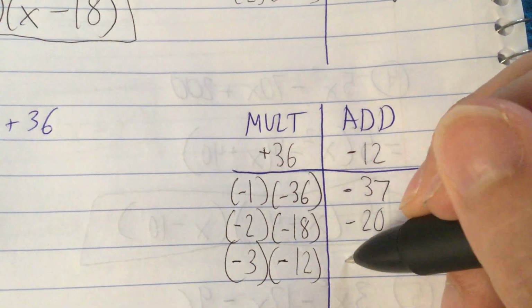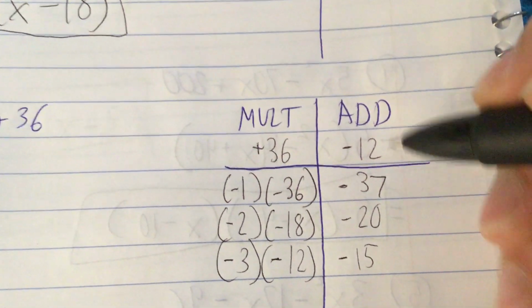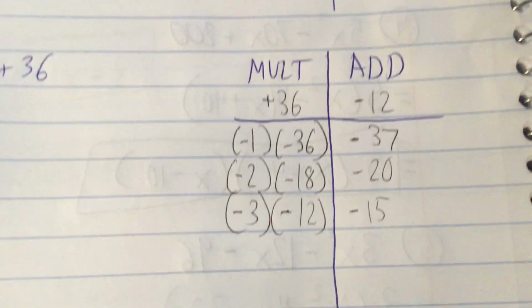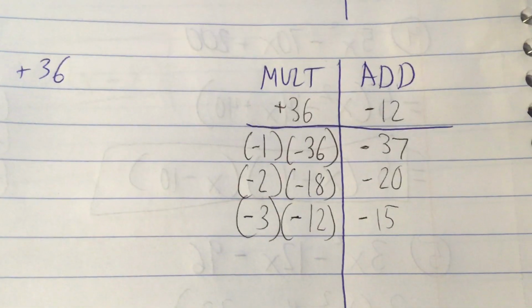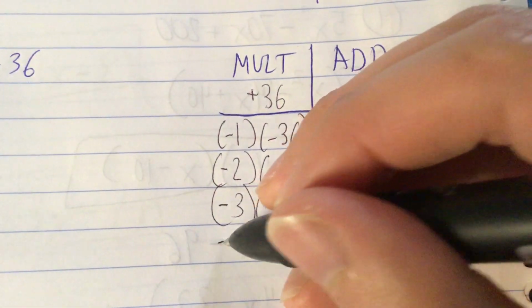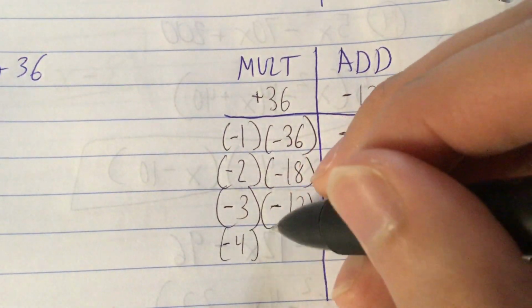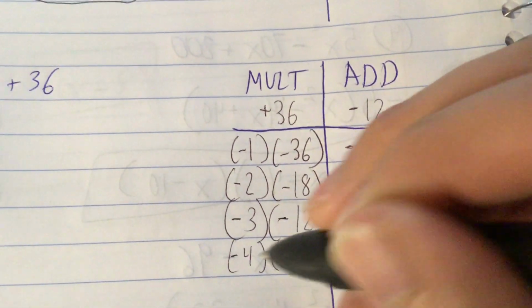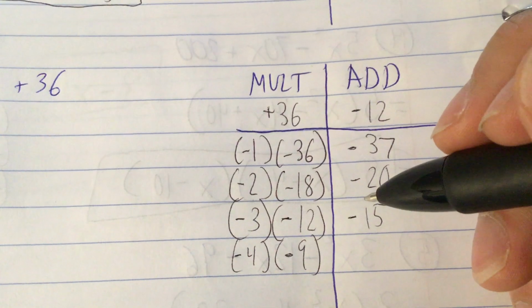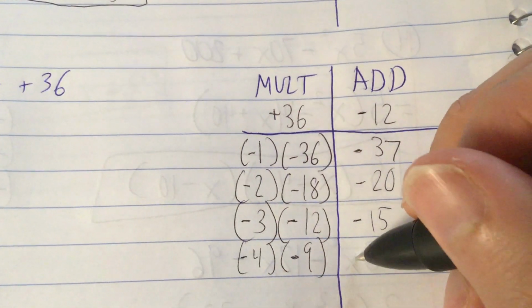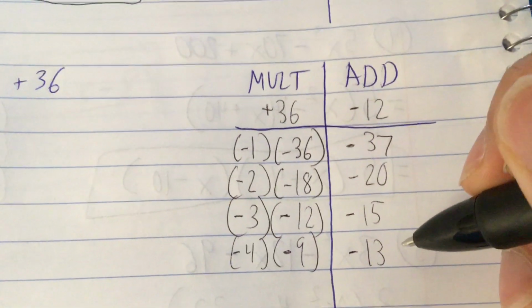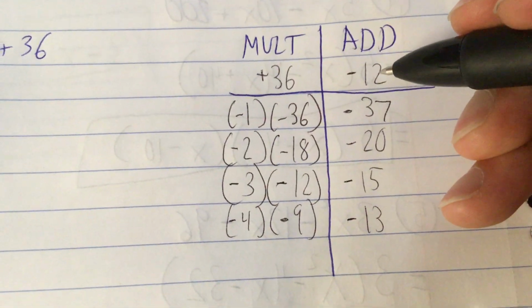Negative 3 plus negative 12 is negative 15. We're not quite there yet, but we're getting close. Can I try dividing by 4? Negative 4 times negative 9 is positive 36. Negative 4 plus negative 9 is negative 13. So we're getting closer to negative 12.